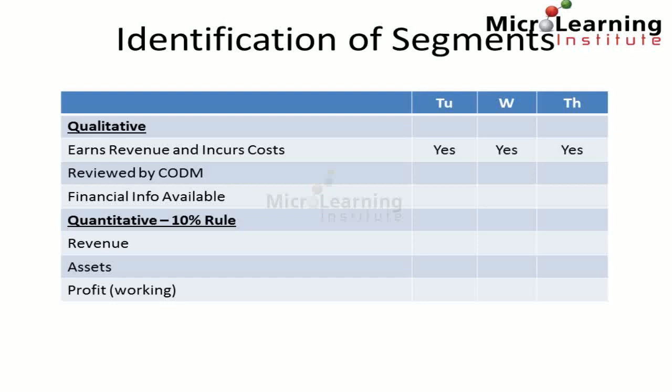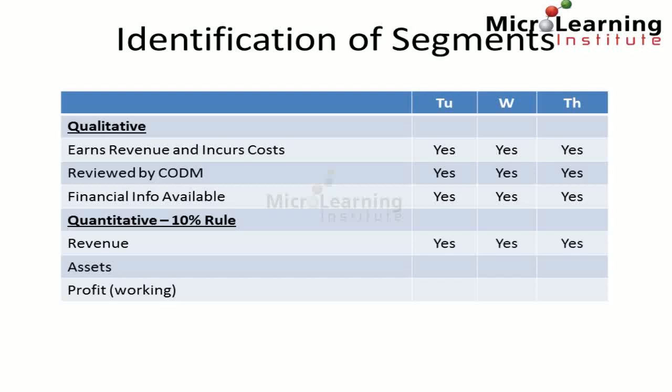Now let's look at each of the criteria. Each of the segments earn revenue and incur costs. Similarly, each of the segments are reviewed by the chief operating decision maker, and yes, financial information is available for all the segments. So all of the qualitative criteria are met. Now immediately we can say that each segment is reportable, but just to complete the exercise, we can look at the quantitative criteria.